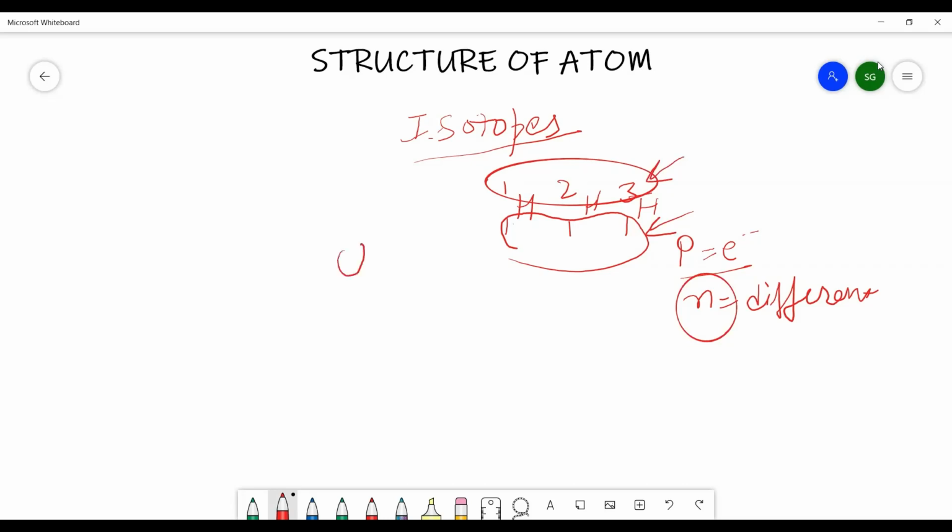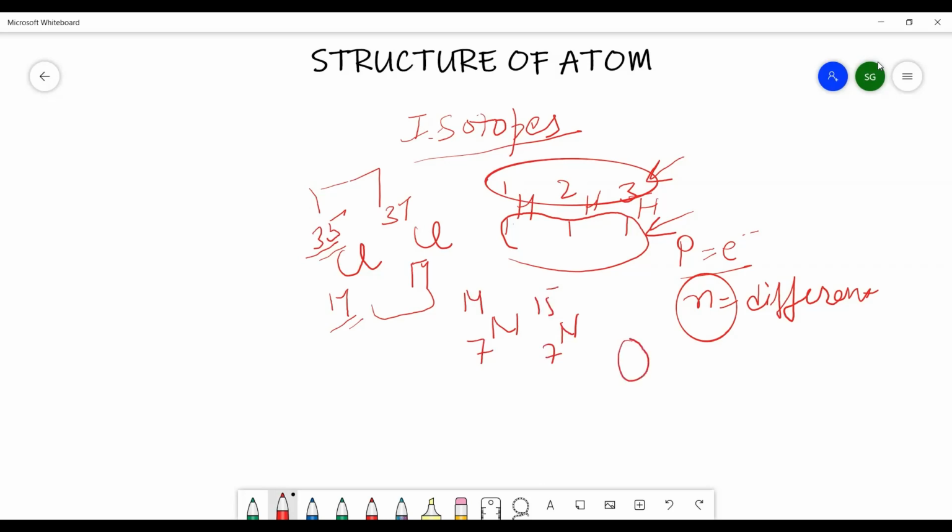Now you can take another example of chlorine, which has two isotopes: 35 is the mass number and 17 is the atomic number, and in chlorine 37 and 17, where 17 is the atomic number and 37 is the mass number, having a different number of neutrons. Similarly, you can take nitrogen, that is nitrogen 14,7 and nitrogen 15,7.